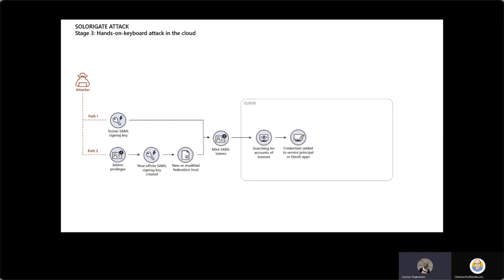This way, they can attempt to blend into normal patterns of activity, because these applications or service principals normally have, for example, mail read or mail write permissions, and they may use them to read email content via Microsoft Graph or Outlook APIs.